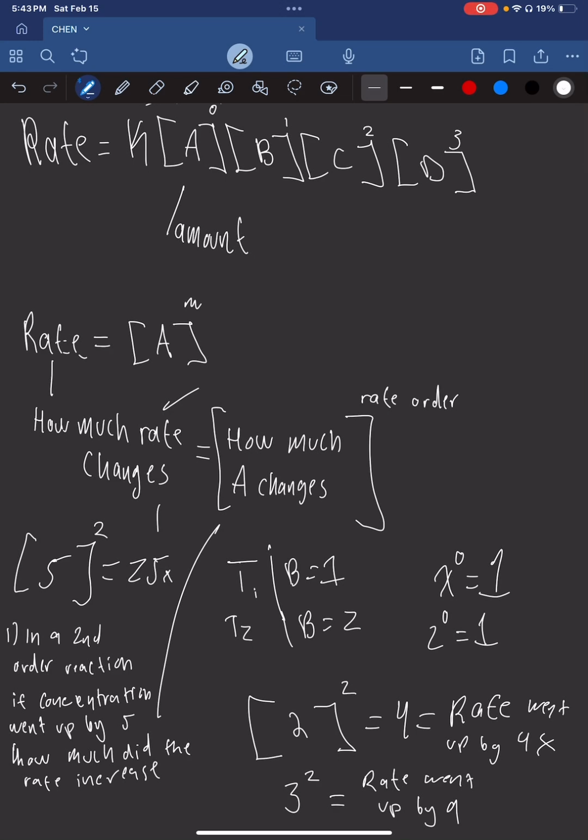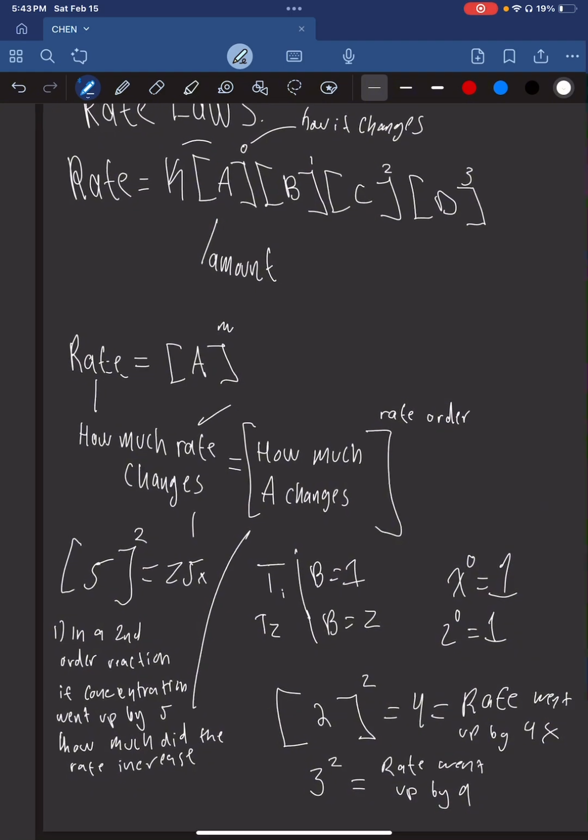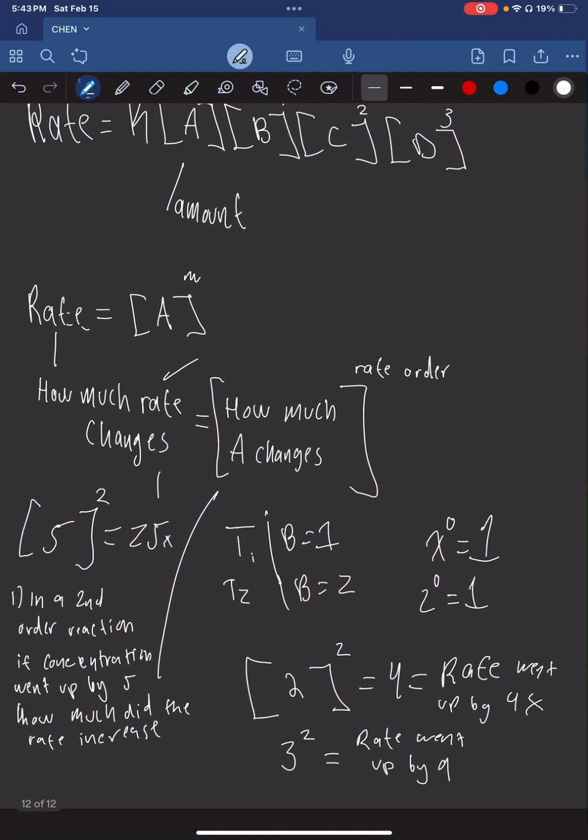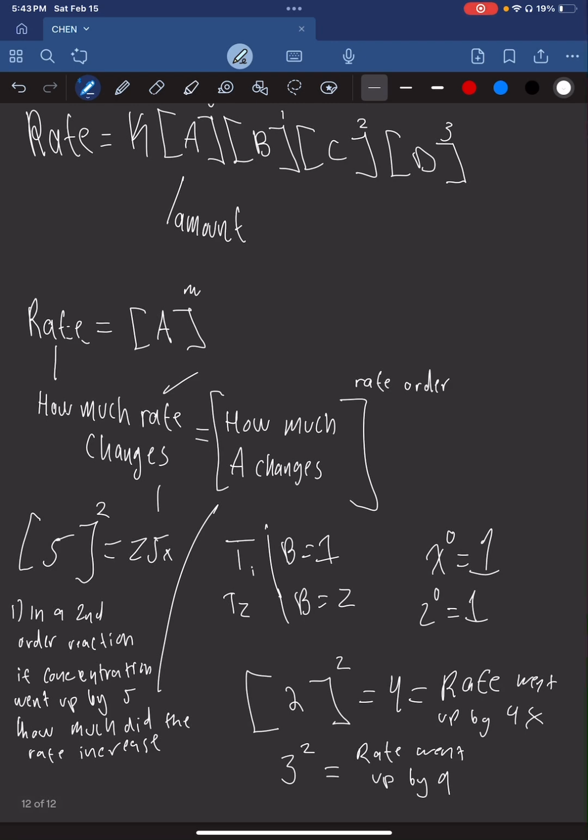And second order, if it goes up by 2, the rate will go up 4 times. Third order reaction, if it goes up by 2, then it'll go 2 to the 3, which is what, 8? So that's basically the relationship between concentration and how much the rate changes.